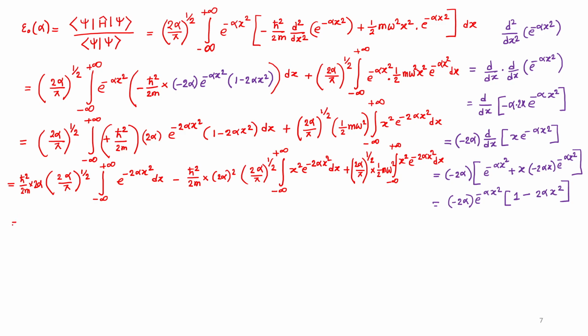So obviously I am going to do the obvious thing we have been doing till now. The h cut square by 2m into 2 alpha into 2 alpha by pi to the power half into 2, from minus infinity to infinity.